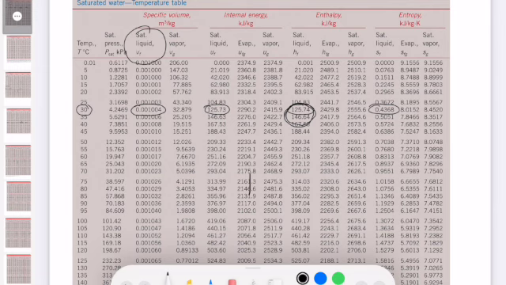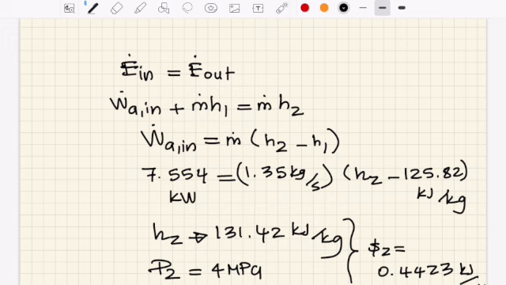We can do linear interpolation to figure out what the entropy is. It should be in between those numbers. In fact, it is 0.4423. So you have to do linear interpolation here, and the answer for that is 0.4423.